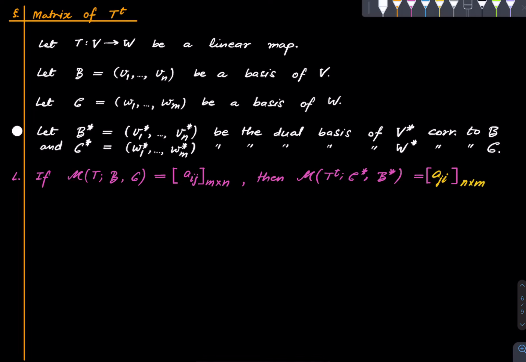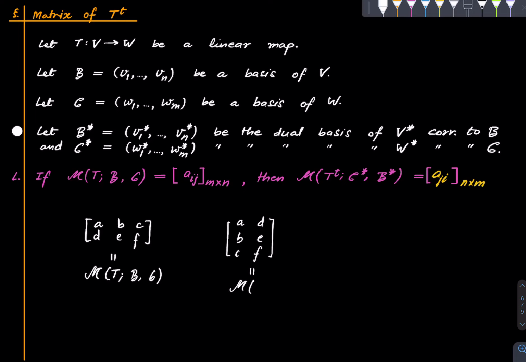So what I'm trying to say is that if this matrix A, B, C, D, E, F were equal to the matrix of T with respect to B and C, then A, B, C, D, E, F would be the matrix of T transpose with respect to the dual bases C star and B star, and just unravel the definitions of everything.